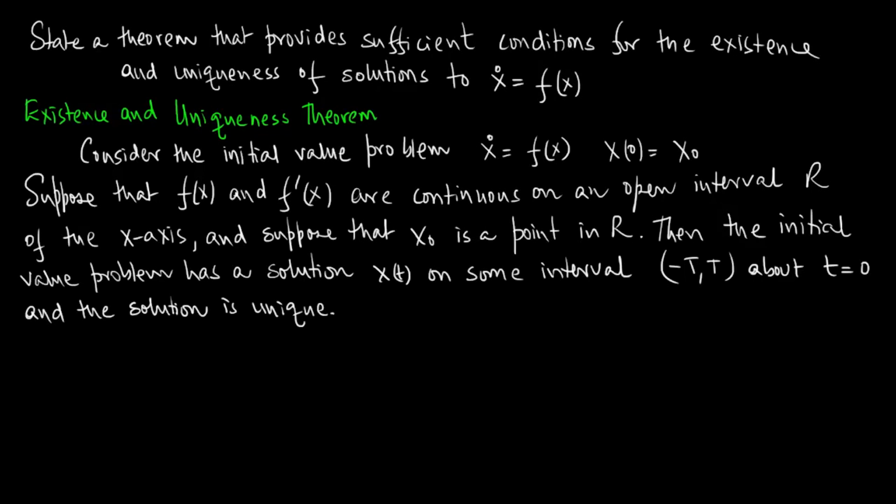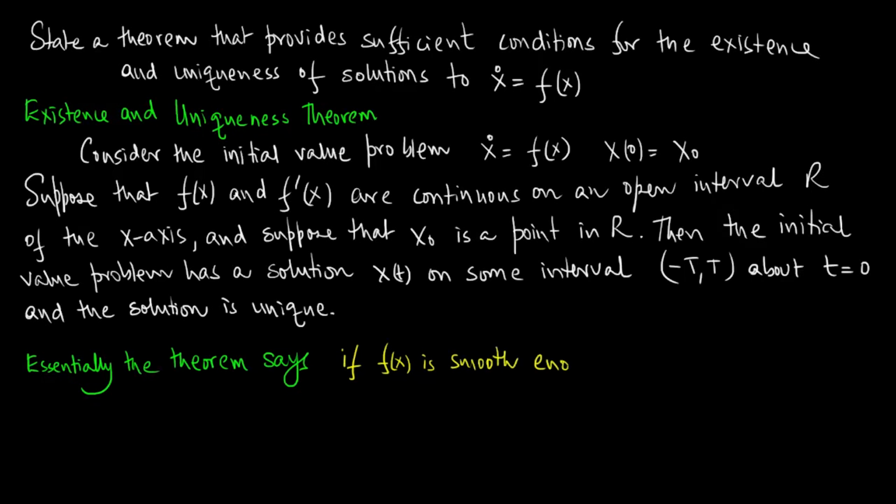So let's take a minute to just absorb this theorem. What does it really tell us, and how can we translate it into more plain English? So essentially what the theorem says is that if f of x is smooth enough, then the solutions will exist and they will be unique.